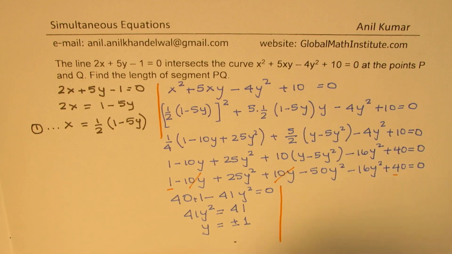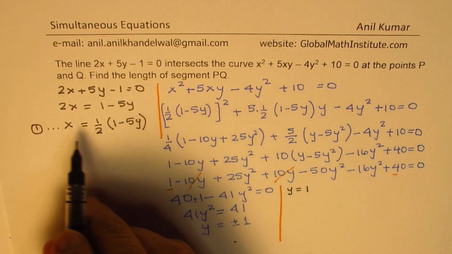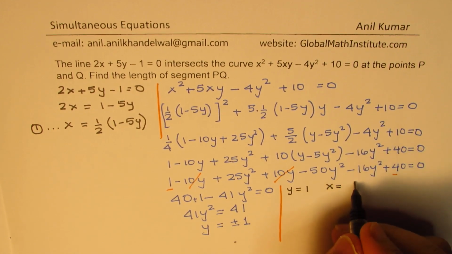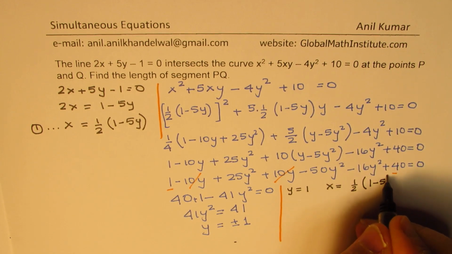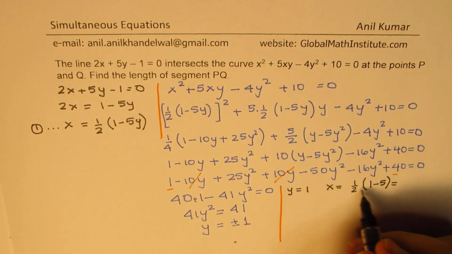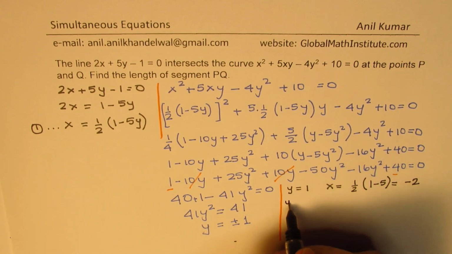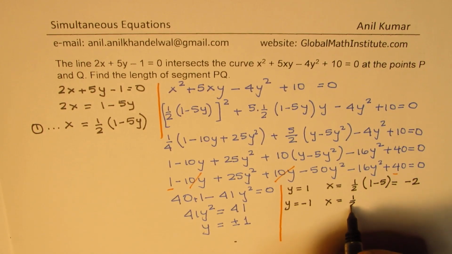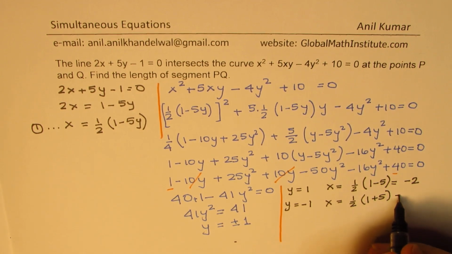So if y is equal to plus 1, in that case x will be equal to half of 1 minus 5, or half of minus 4, which is minus 2, right? And if y equals minus 1, then x equals half of 1 plus 5. That is 6. 6 divided by 2 is 3.